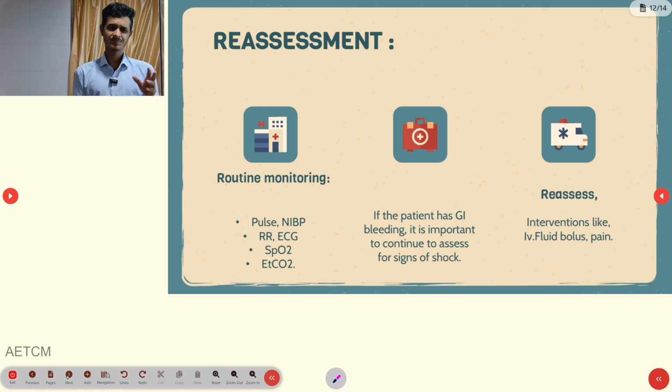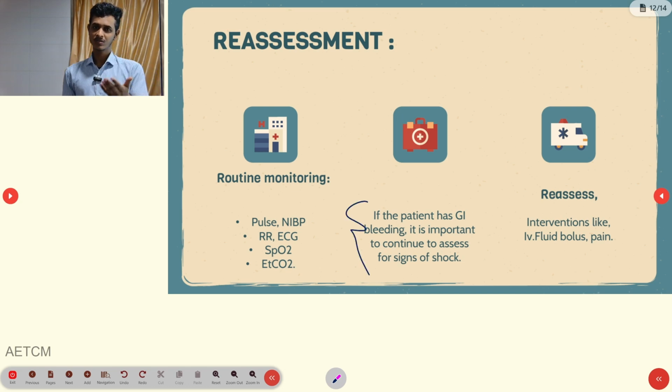If the person has any GI bleeding, we have to watch closely for any signs of shock, because they have a greater tendency to go into shock. We have to routinely reassess whether the person gets into shock or is impending shock, because hemorrhagic shock is the most common one here.